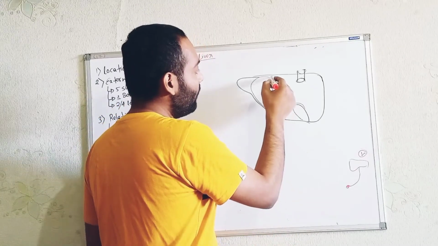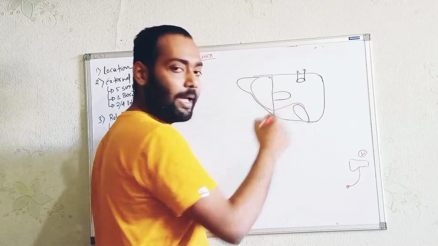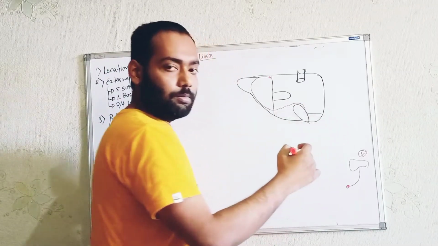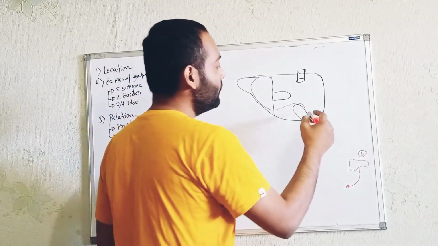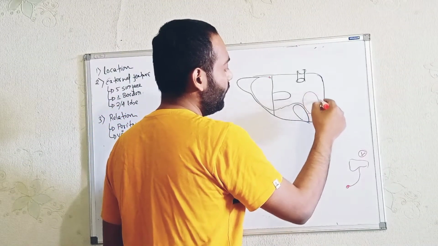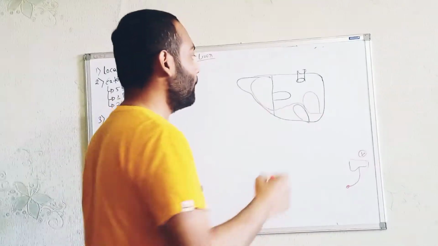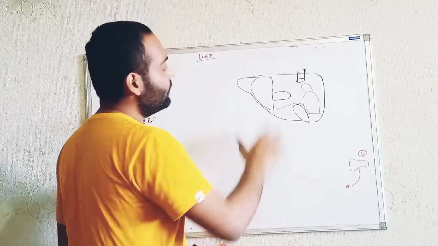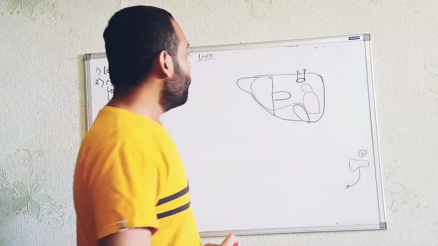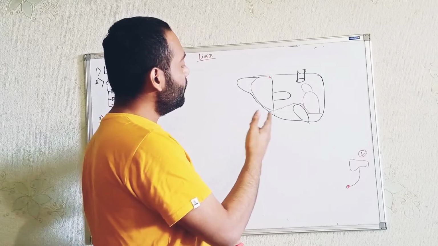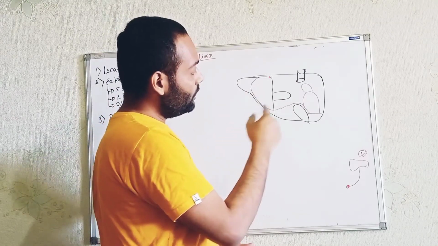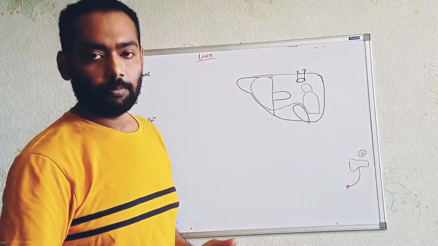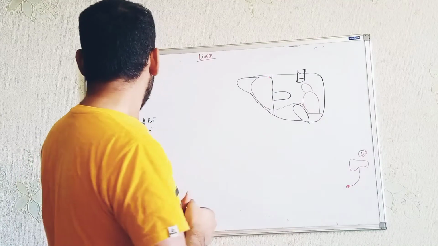Start from here and draw the way I draw. Okay. Now here is some base, the colon. Now think about this. Here is our kidney and here is our suprarenal gland. So if you draw it like this, you will get it. So we got some impression of the liver, impression of the stomach, the pylorus, duodenum, colon, kidney, and suprarenal gland. Clear? Okay.